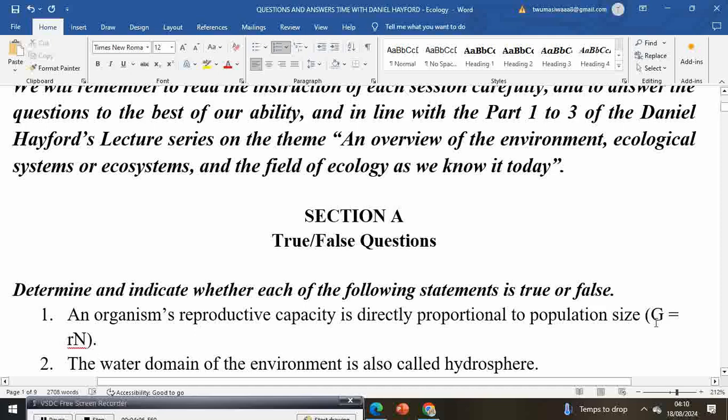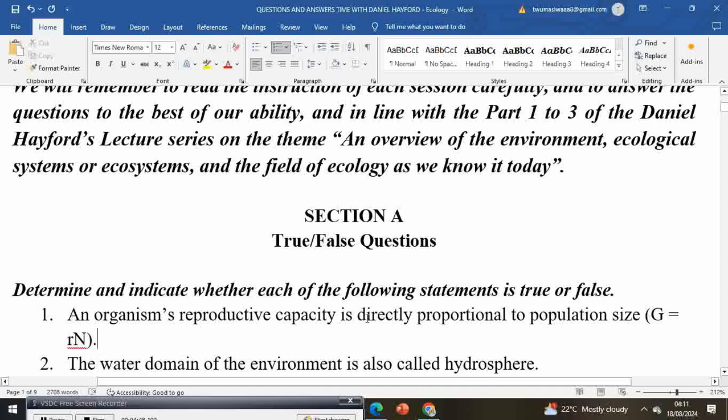Mathematically, the formula suggests that the population growth rate is directly proportional to the population size, when we consider the organism's inherent reproductive capacity as our constant. And so the statement here is false, because based on the formula, we can rather say that the population growth rate is directly proportional to the population size and not the organism's reproductive capacity.